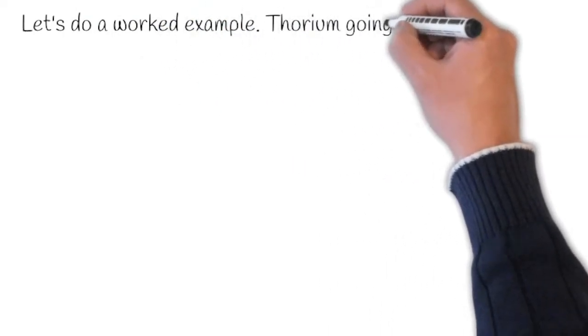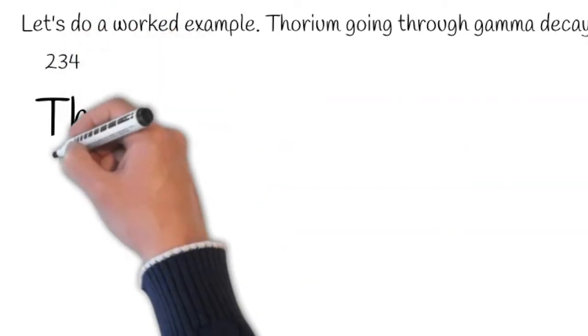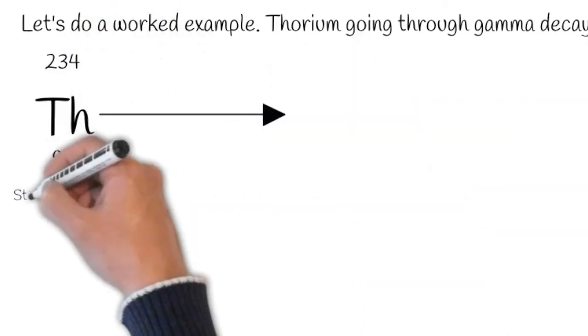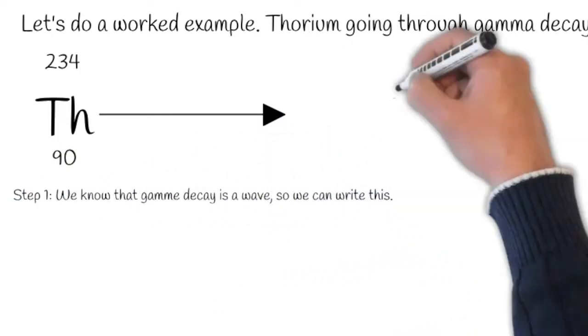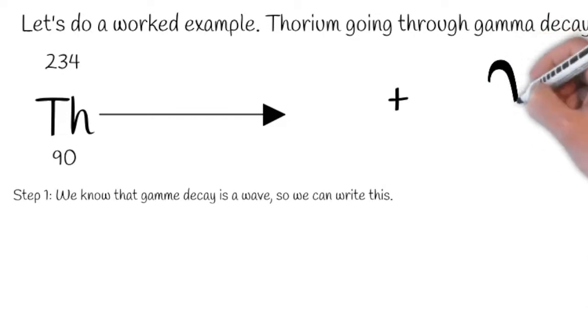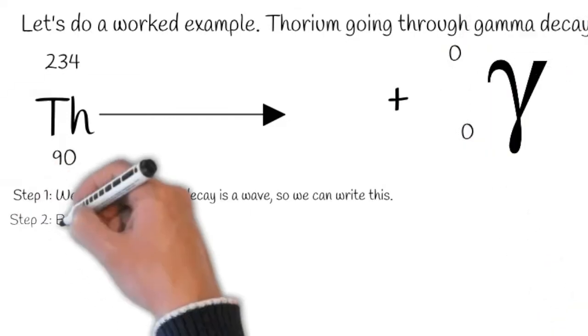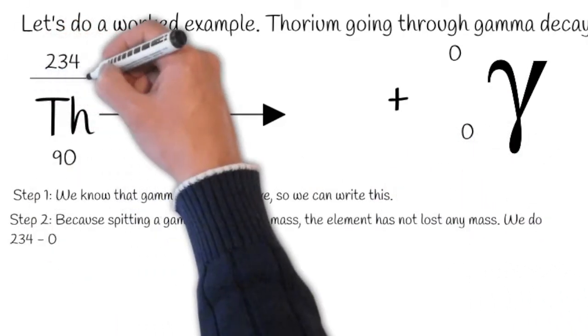Let's do a worked example anyway. Thorium going through gamma decay. Again, we'll draw out thorium. We know that gamma decay is a wave, so we can write this here. Because spitting out a gamma ray has no mass, the element has not lost any mass.